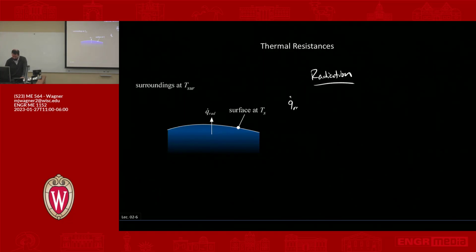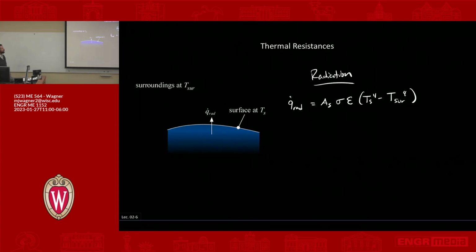So that's Q dot radiation is equal to the surface area times sigma epsilon times Ts to the fourth minus T surroundings to the fourth, or T infinity to the fourth, whatever you want to call it.